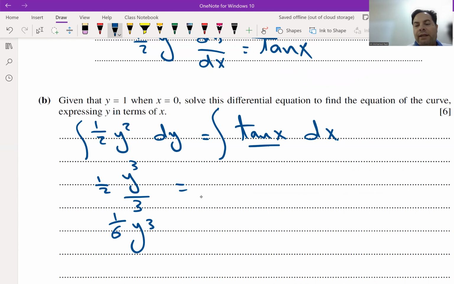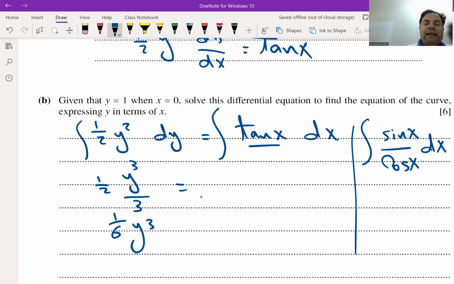How to integrate tan x? If you remember, write tan x as sine x over cosine x dx. Is it a function and its derivative? Yes, but we need a negative sign, because the differentiation of cosine gives a negative sign. Now it's correct. So the answer is negative ln of the denominator, negative ln cosine x, plus c.